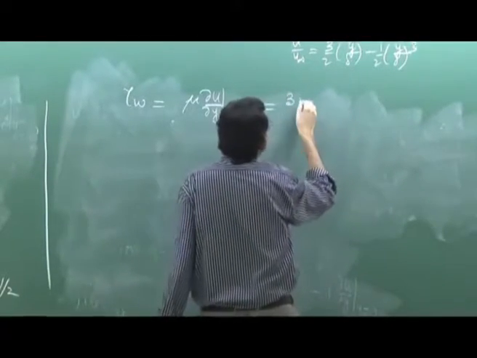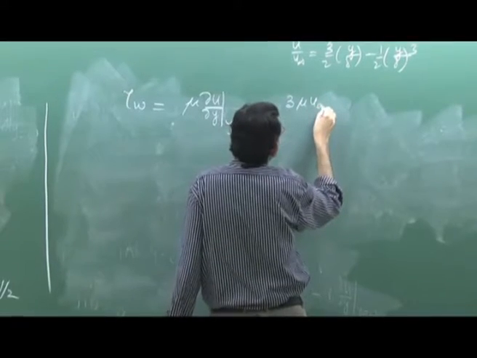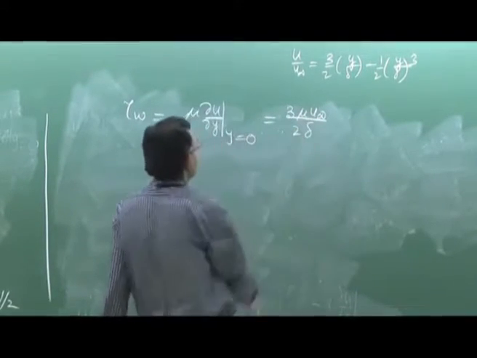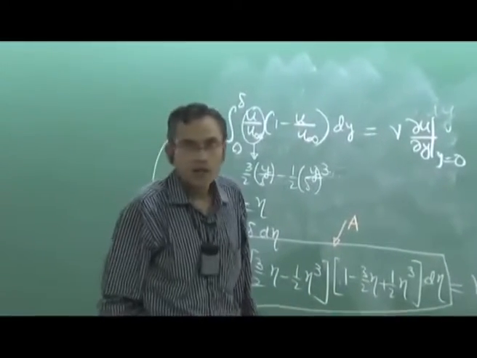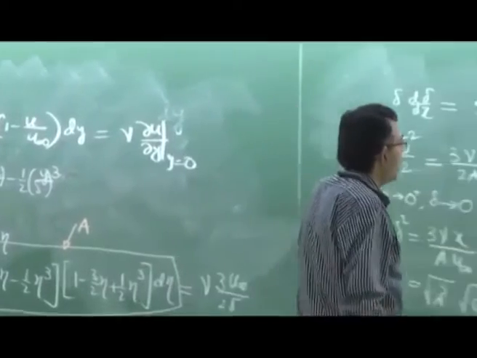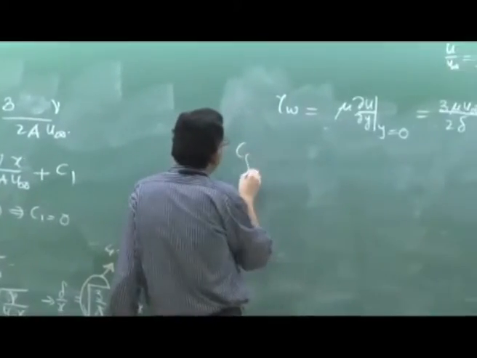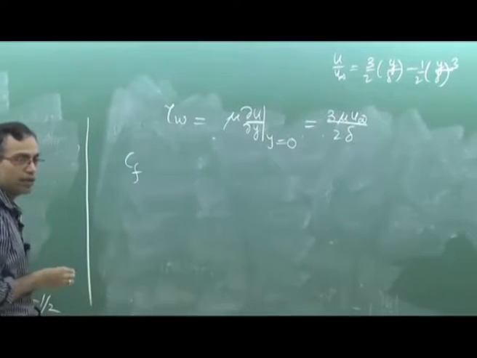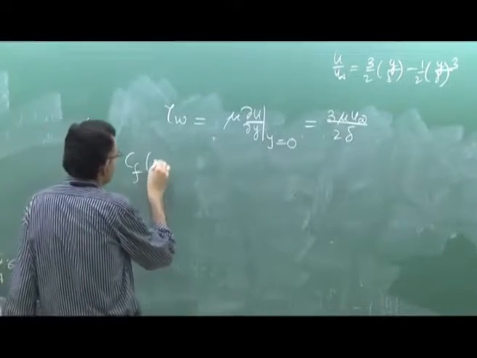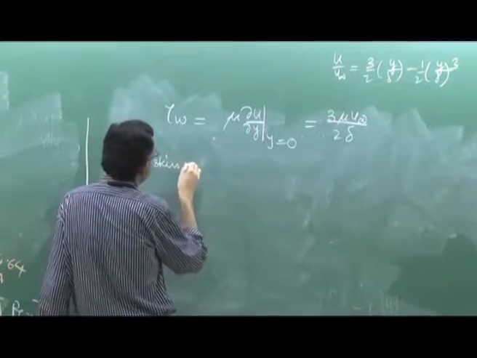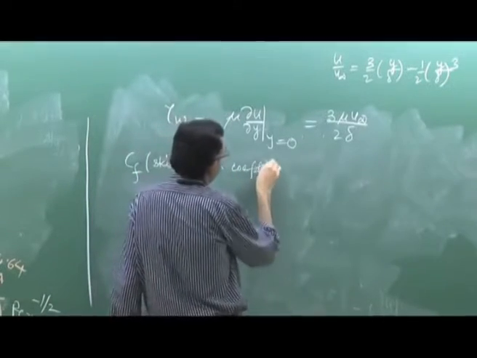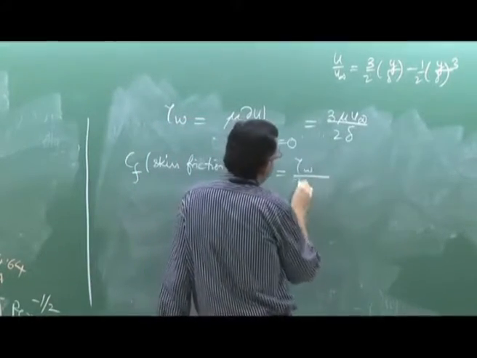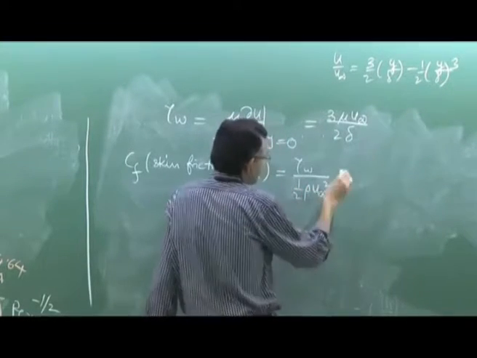So, tau wall is 3 mu u infinity by 2 delta. Normally the wall shear stress is expressed in a non-dimensional form by using this non-dimensional parameter Cf, which is called the skin friction coefficient. This is tau wall by half rho u infinity square.